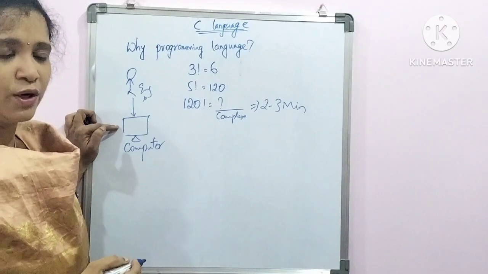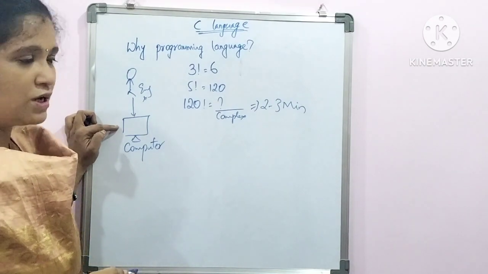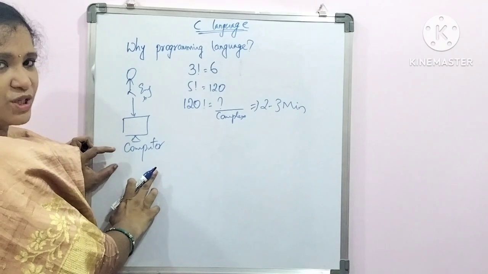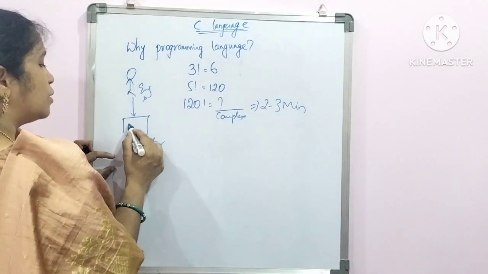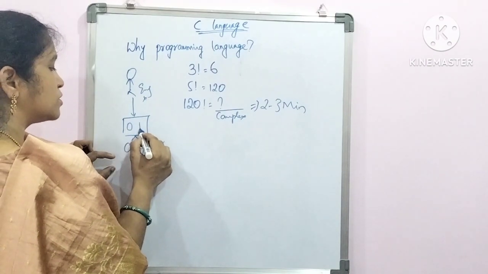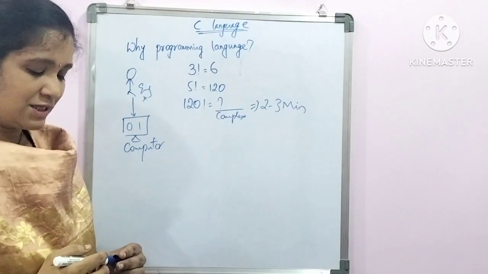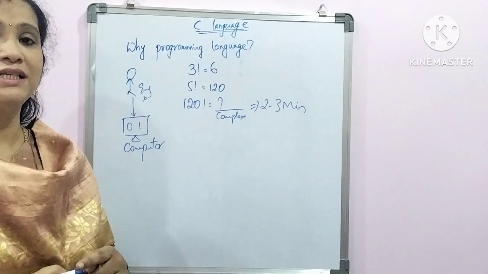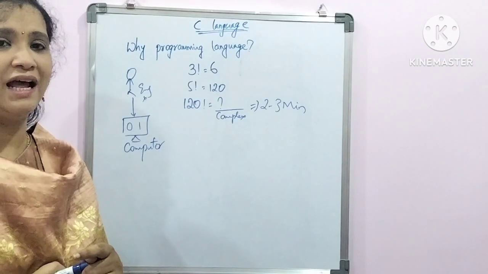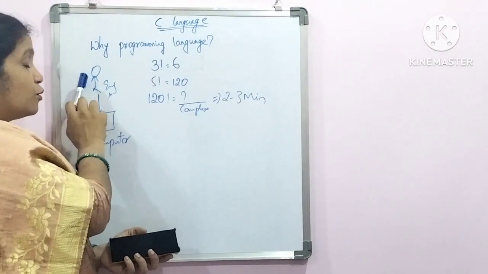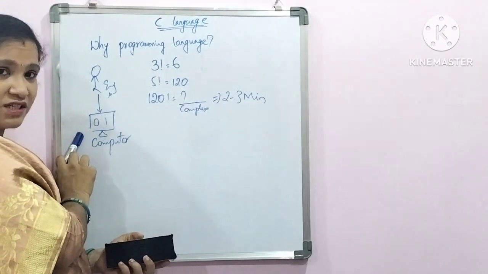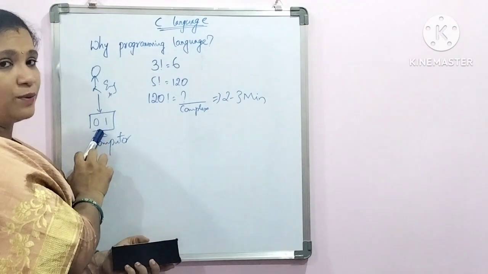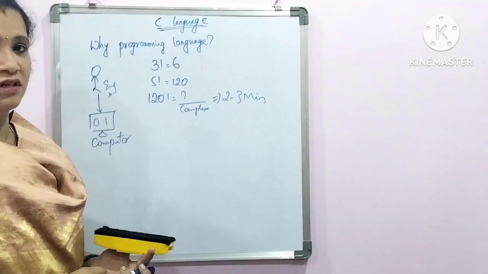That means the computer cannot understand human language. The language understandable by the computer is in the form of zeros and ones; the computer can understand only the binary language. But humans cannot easily understand the binary language, because it is very hard to learn.